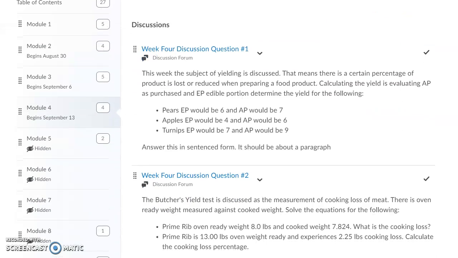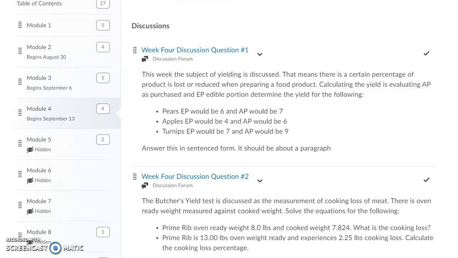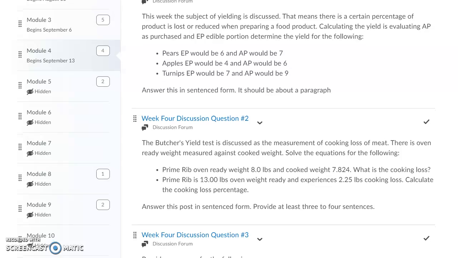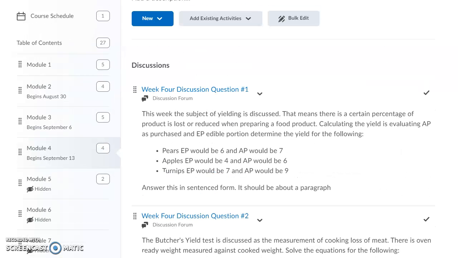Your assignment would be 3 discussion questions, just like what we've done the prior 3 weeks. And this is figuring out different mathematical formulas. So I came up with a discussion question regarding yielding, calculating the AP, which is the as purchased, and also the edible portion.